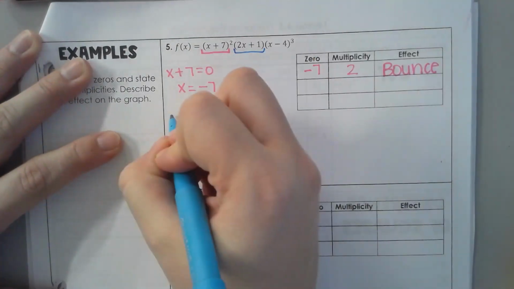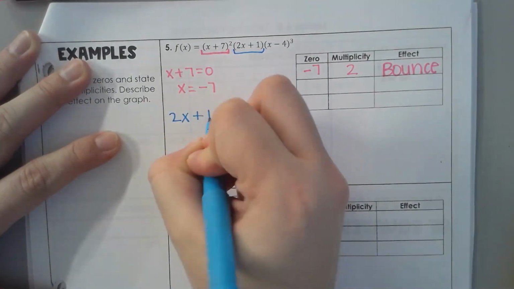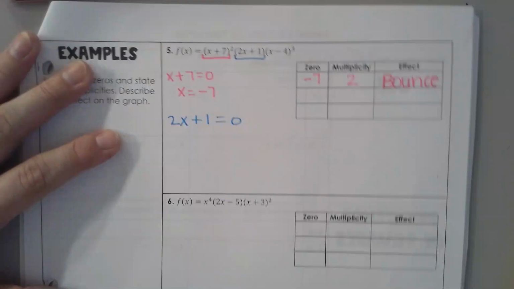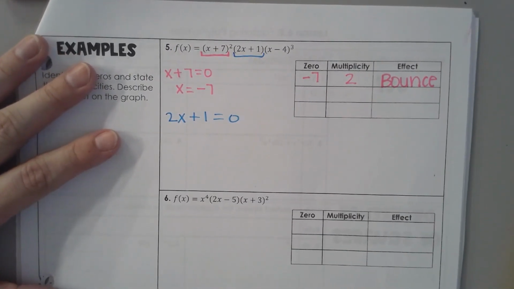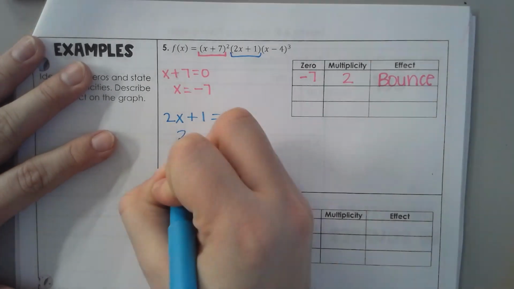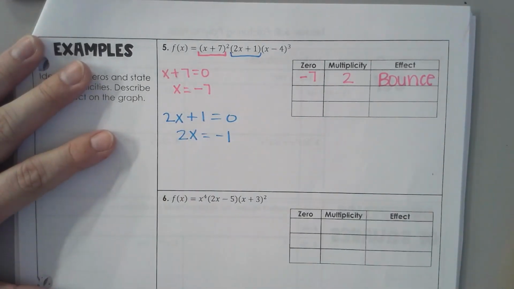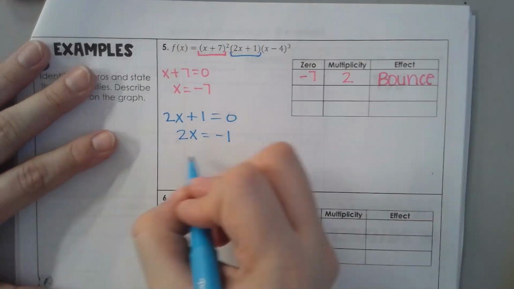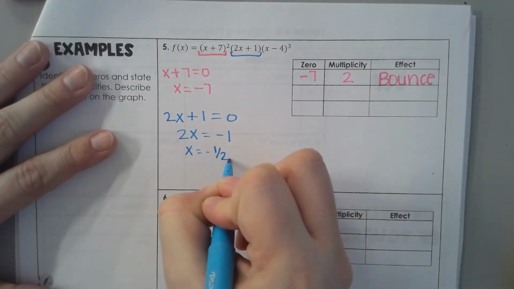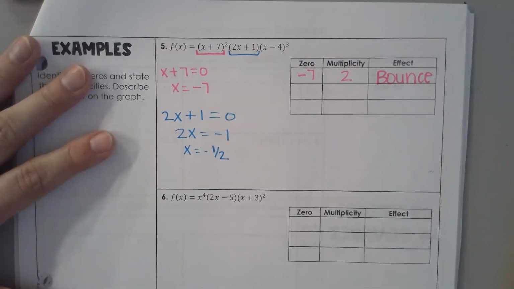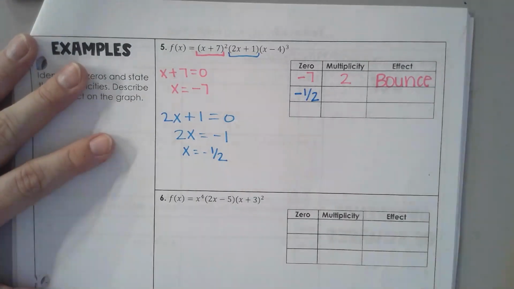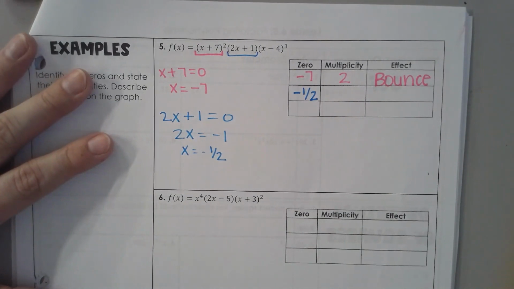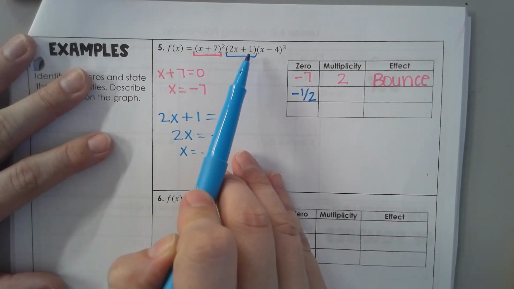Then we have 2x plus 1 equals 0. So I can subtract 1 and then divide by 2. So I have an x-intercept at -1/2. What's my multiplicity? 1.